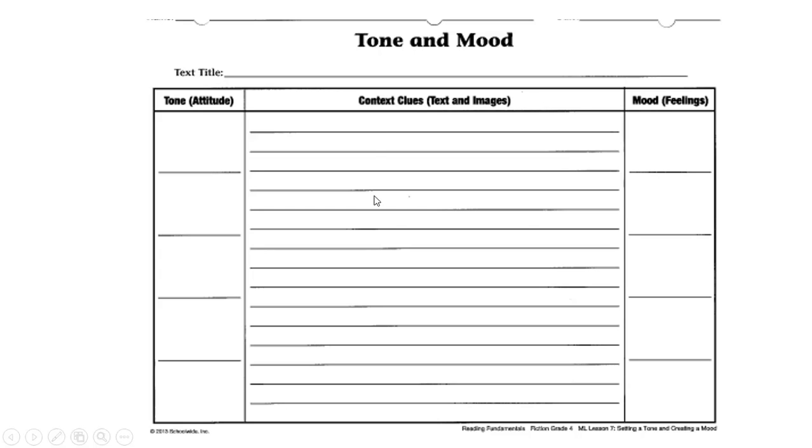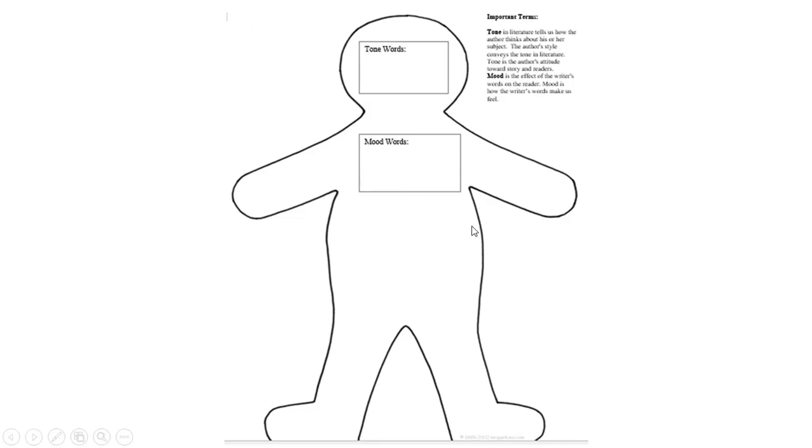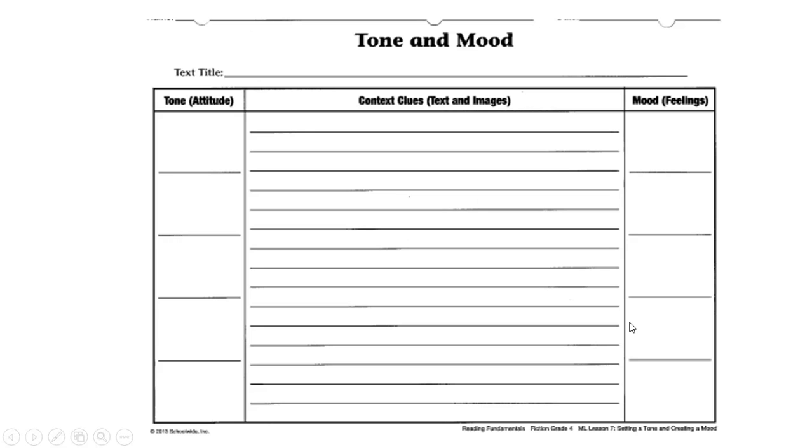If you don't choose to use it this way, you could make the graphic that we did with the previous one, you could create one of these little guys in your notebook, or you could just use one of these, whatever you choose. So please get into your groups and start your reads and create your tone and mood graphic organizer. Have fun.